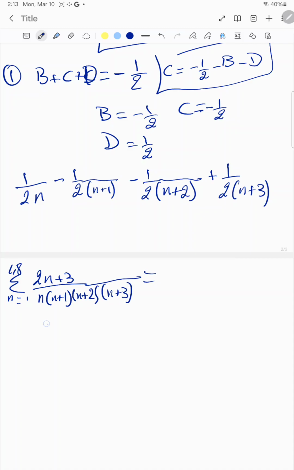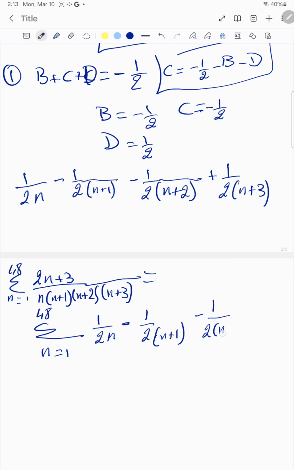I can write it as the sum n equals 1 to 48 of 1 divided by 2n minus 1 divided by 2n plus 1 minus 1 divided by 2n plus 2 plus 1 divided by 2n plus 3.